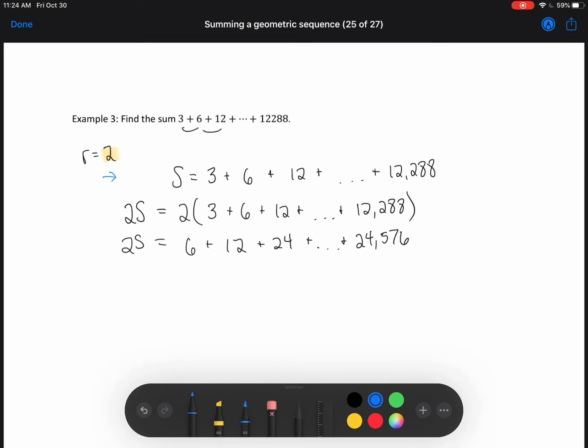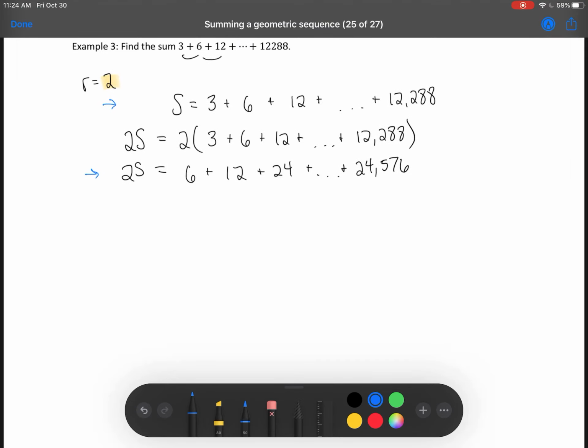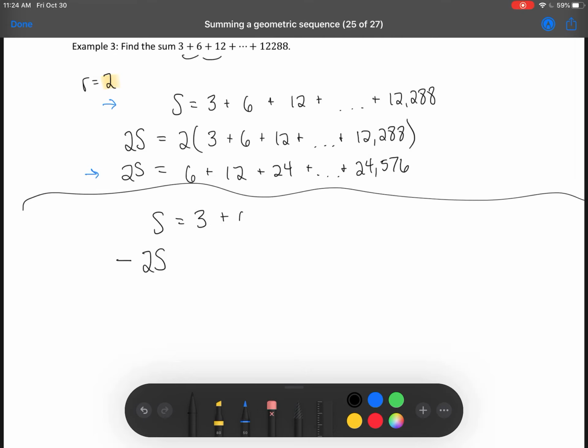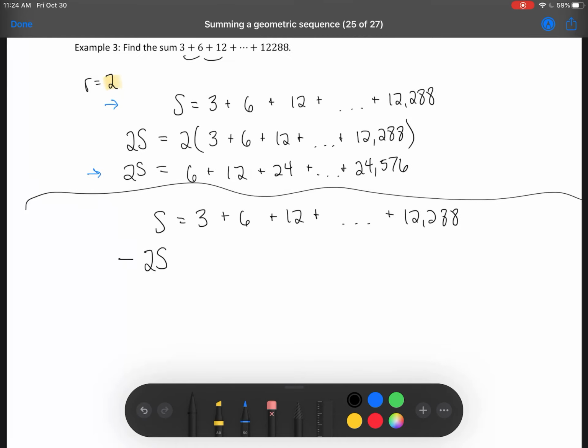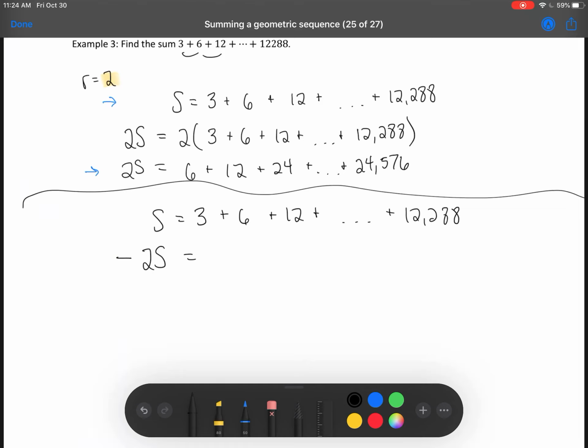All right, so what we're going to do now is take s and 2s and subtract them. So we're going to do s minus 2s. I'm going to write s here, and then 2s underneath it, so that the terms line up.